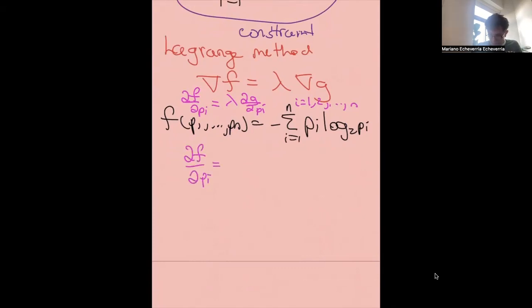Well, it is like the product rule that we were doing before. You get minus log base 2 of pi, and then you get minus 1 over ln of 2. That's the partial derivative with respect to pi.